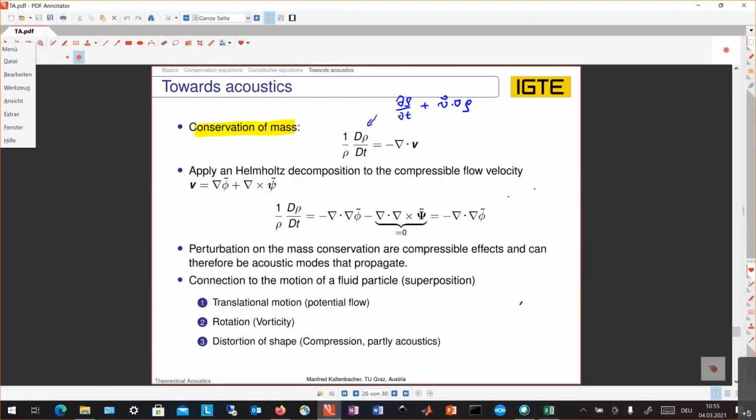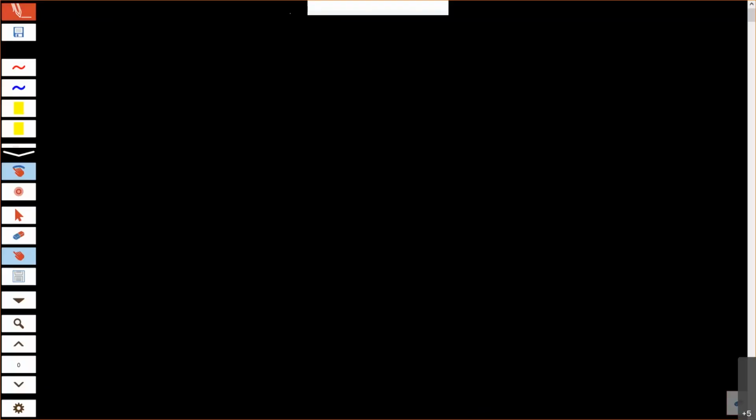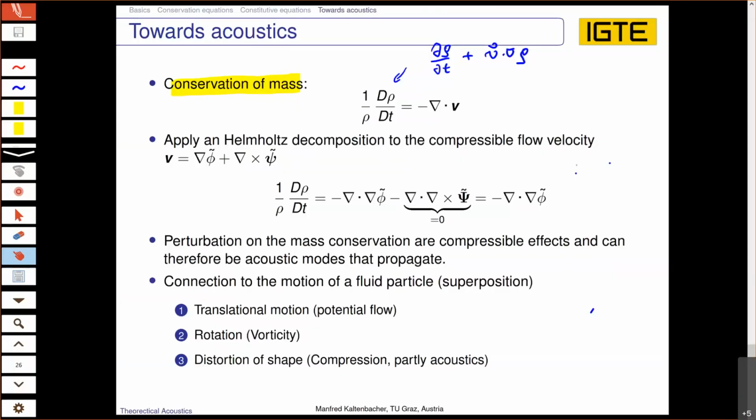Or it is really a problem with the annotator. Okay, at least this is working, then I can show you.